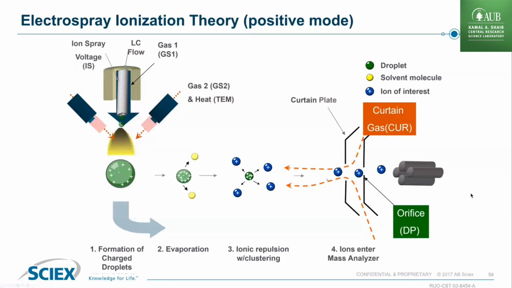This is a smooth, continuous process. Just like when you turn on the hose pipe, put your finger over the end of it and you water your garden or you spray down your driveway or whatever you do with your hose, right? That's a continuous flow of water, continuously happening. The same thing here. This is a continuous flow of ions. We sometimes call it an ion beam, like a laser beam.